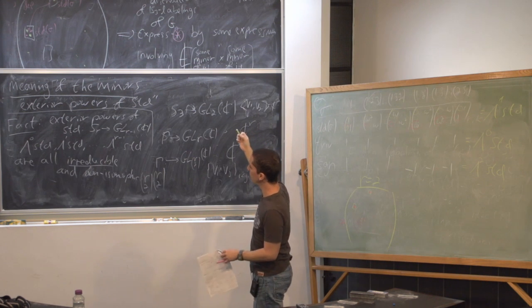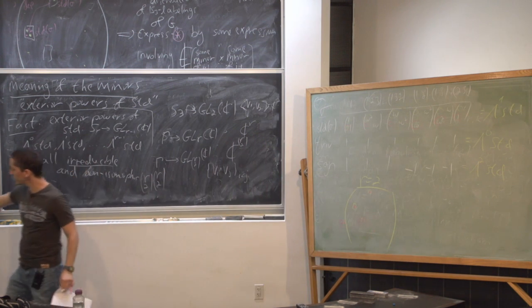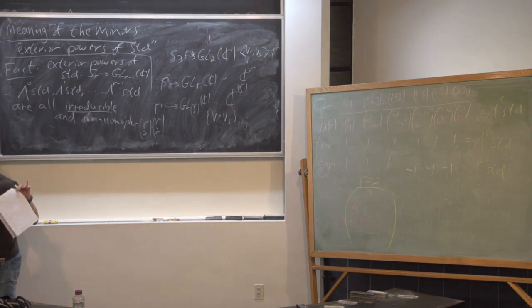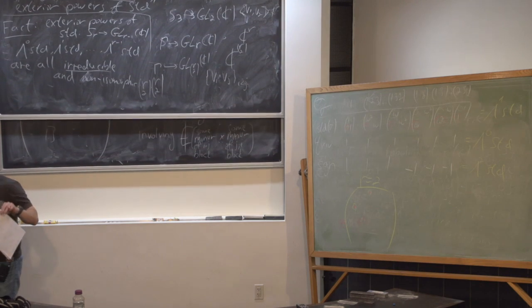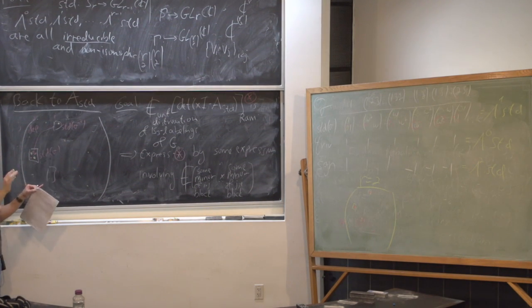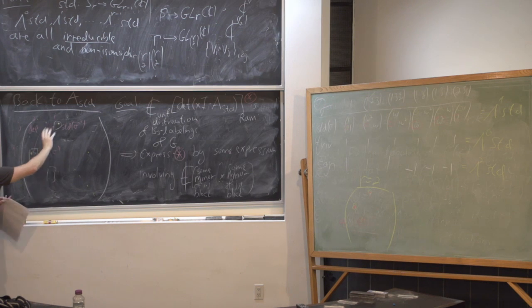To get something that is non-zero, we had to pick the exact same minor here and here. Actually it should be the symmetric minor, because this is sigma and this is sigma inverse. For every minor here, we can choose only one specific minor here, and then we also know the exact value.